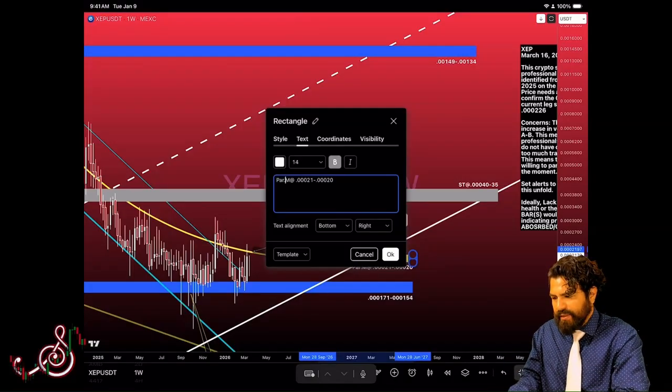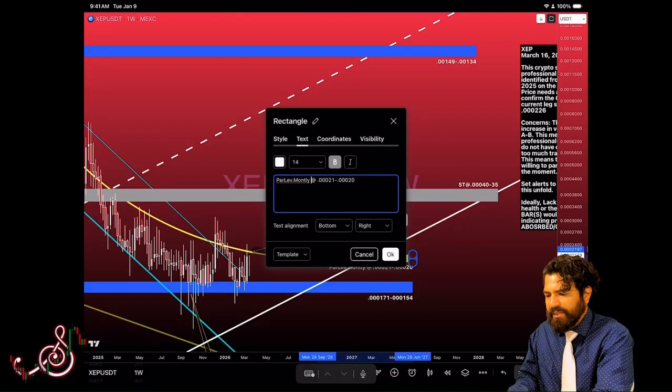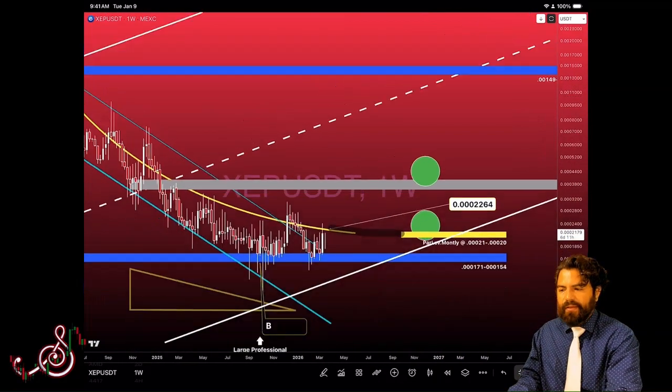So parabolic flat, that's where we level out, or LV. And then we're going to put dot monthly. I just sometimes put a capital, but for you guys, I'll make sure I put that. Okay. And then the @ symbol. So you know what you're dealing with.